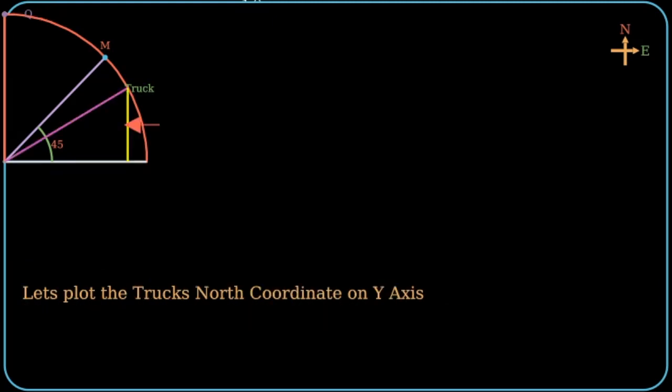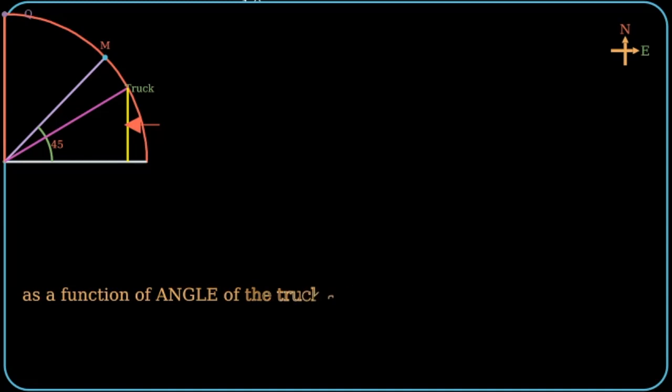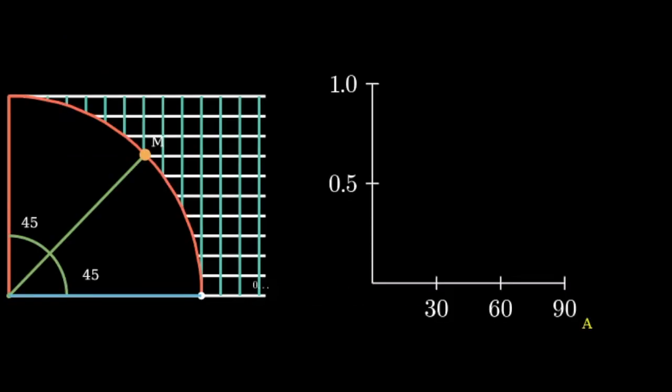Let's plot the truck's north coordinate on the y-axis as a function of the angle of the truck at the center. For the first 30 degrees, the truck moves mainly north and only a little bit west. So the sine function on the right is quite steep.